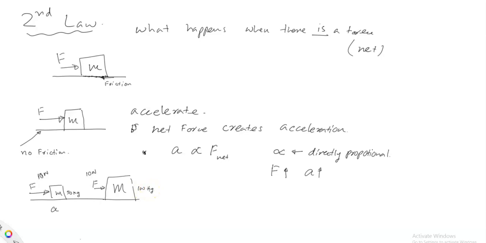What is the acceleration you can expect? Do you expect the same acceleration? No. It's a bigger object and you apply the same force. It will accelerate because there is no other force against you, but at a smaller rate. So the acceleration over here is going to be small, and over here it's a big acceleration compared to this one.